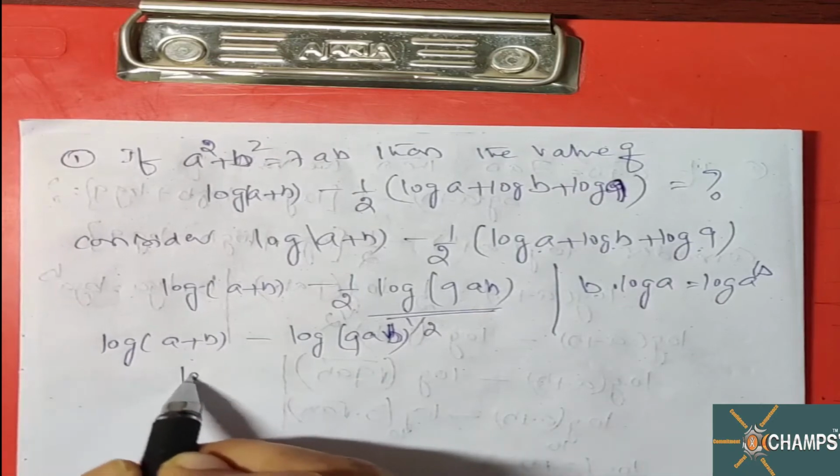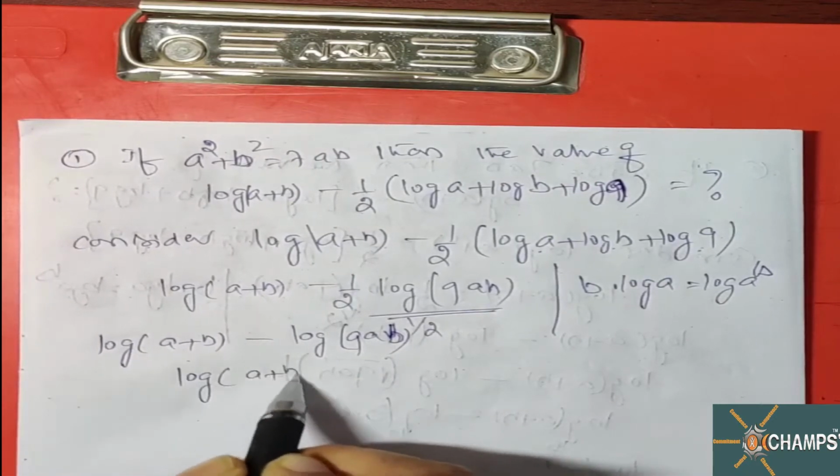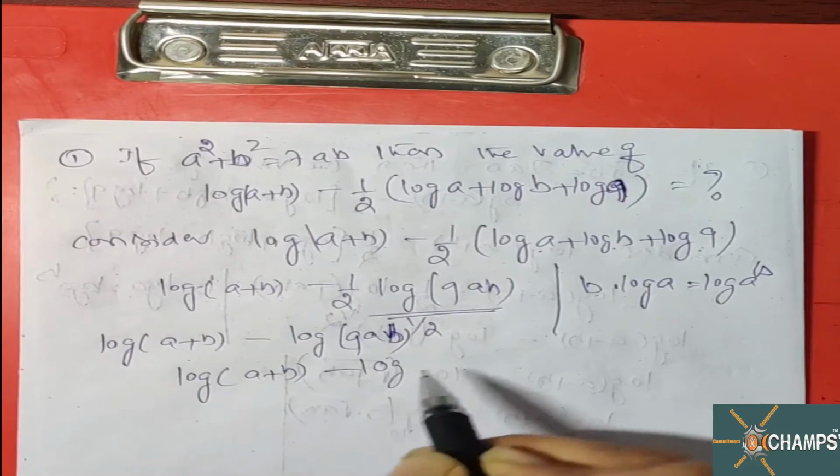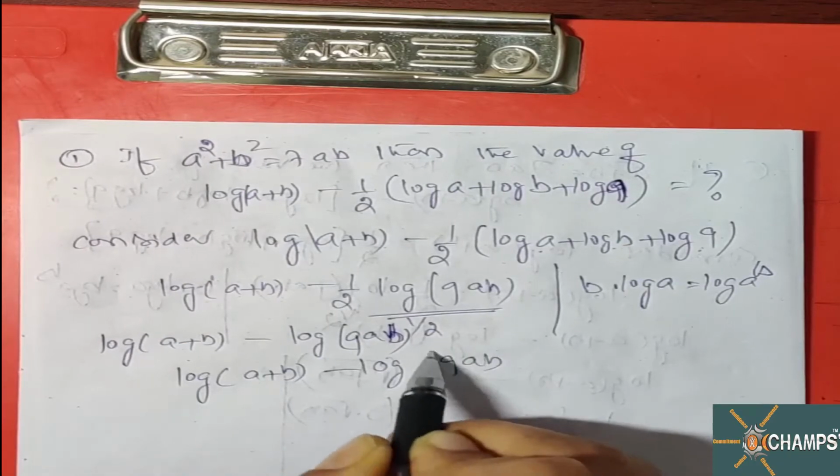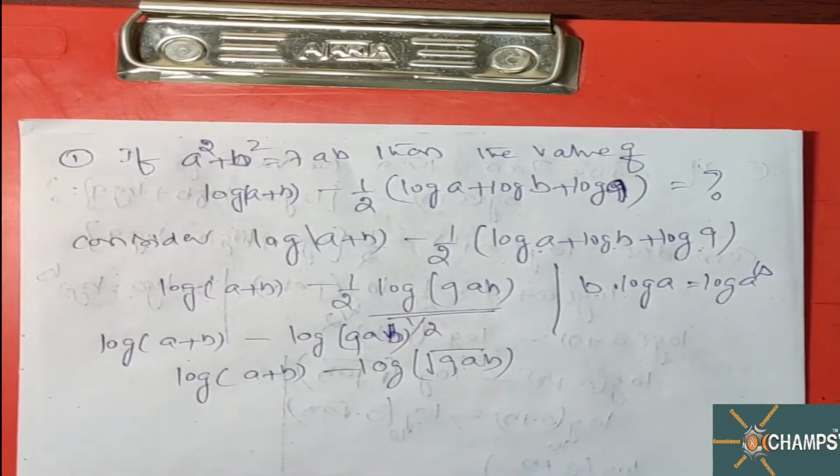This 1 by 2 power is only for 9ab, so it is included in the square root.